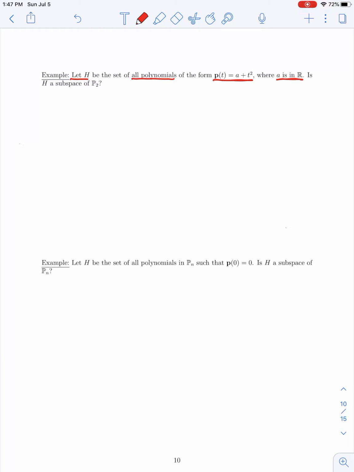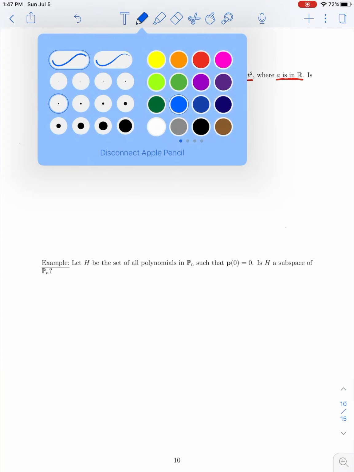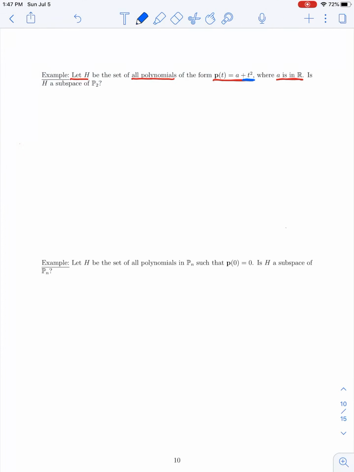So this is the set of all polynomials which have a real constant coefficient. There is a 0 coefficient for t, and we have a coefficient of 1 for t squared. So we're supposed to see whether this set H is a subspace of P2.